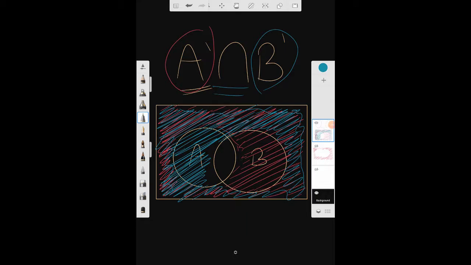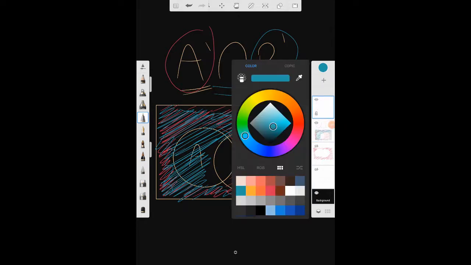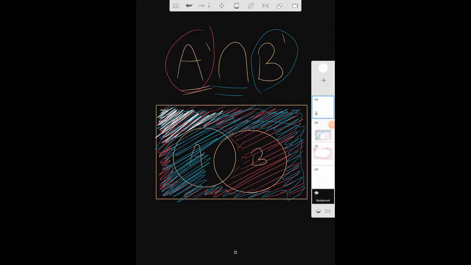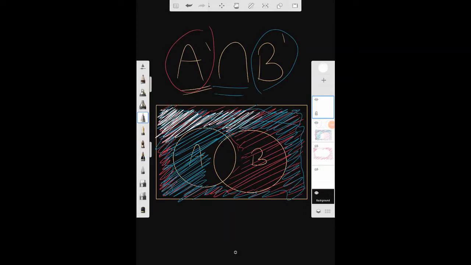See, all this area. So let me shade the area where both the colors come together with white. Both the colors come together at this area.